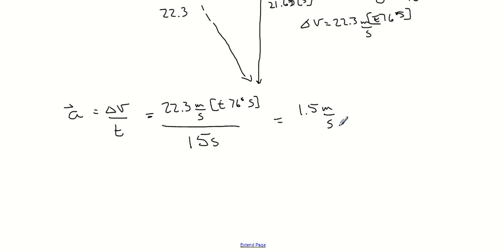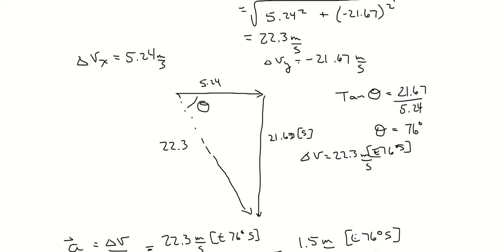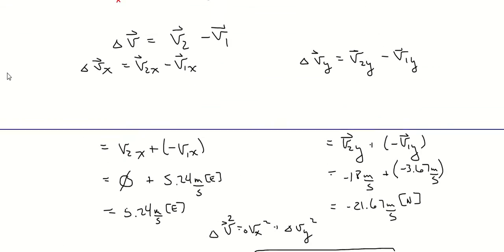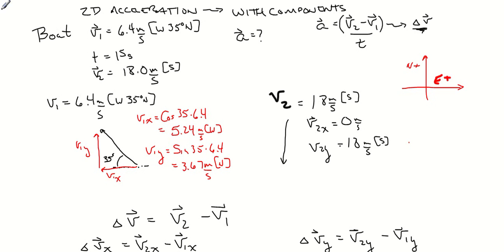And if you calculate that out, you get 1.5 meters per second east, 76 degrees south. And there's your solution for a two-dimensional acceleration problem using components.